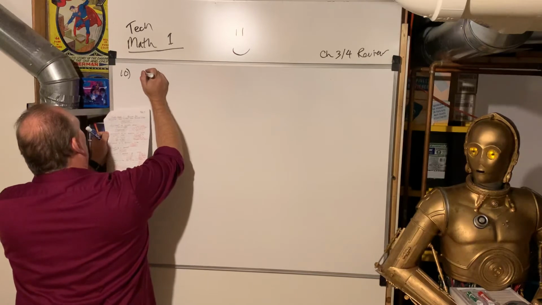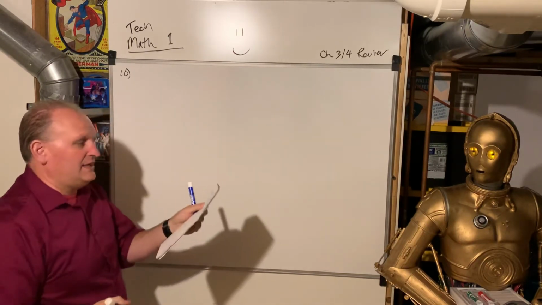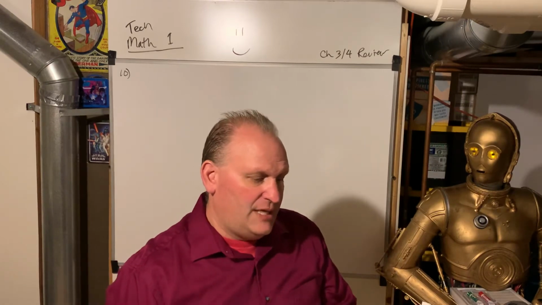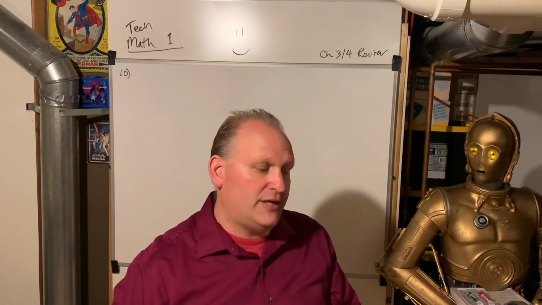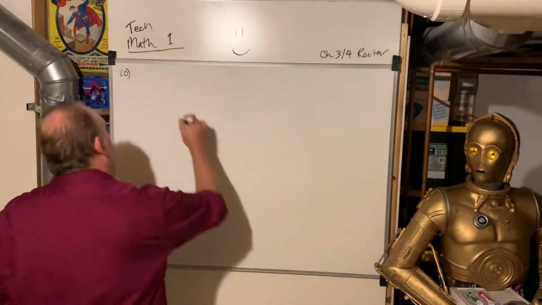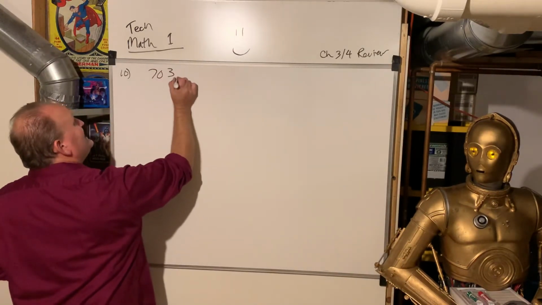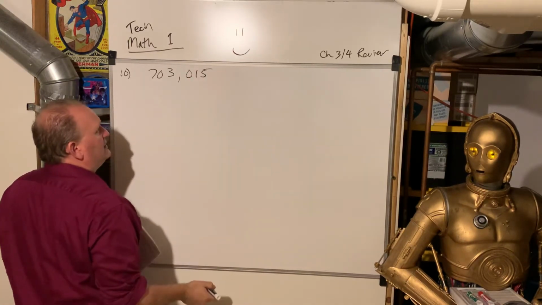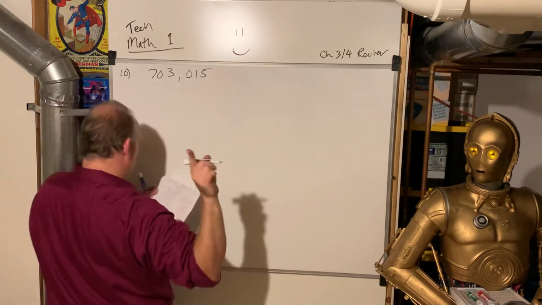So I'm not going to write it out. It says write 703,015. So how would you write that? 703,015. So no "and" in there.